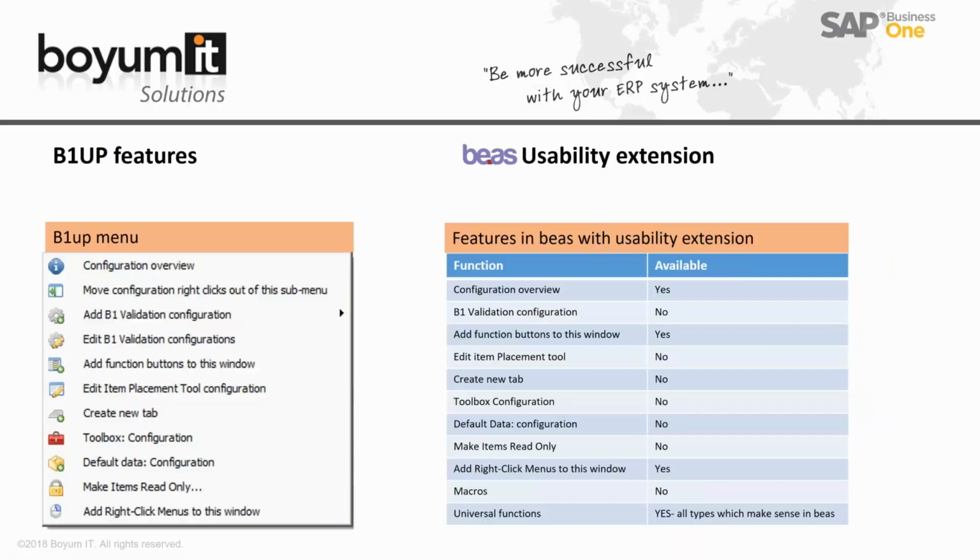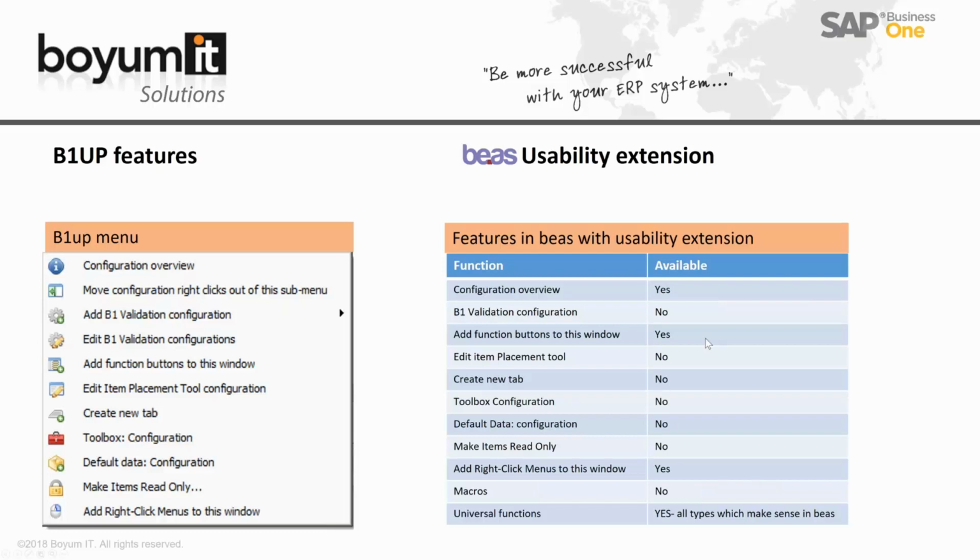So here I want to show you, because a lot of you know the B1 app menu features, here's a comparison. So these are the first features. They're coming out by the end of the month. I'm telling you now, we are working on more, so we will add more and more. But for right now, you see right here, configuration overview, as you know in B1 app, it's available.